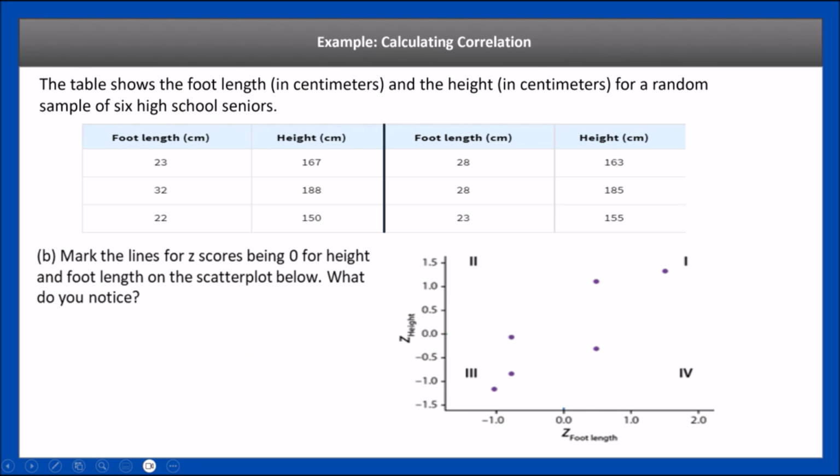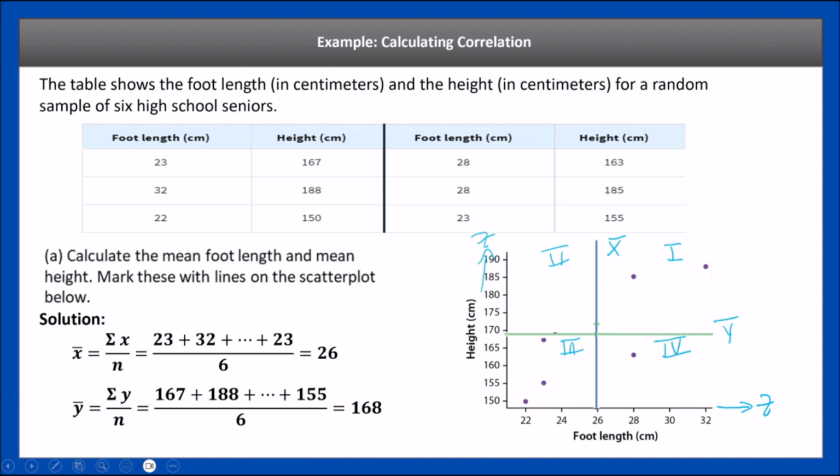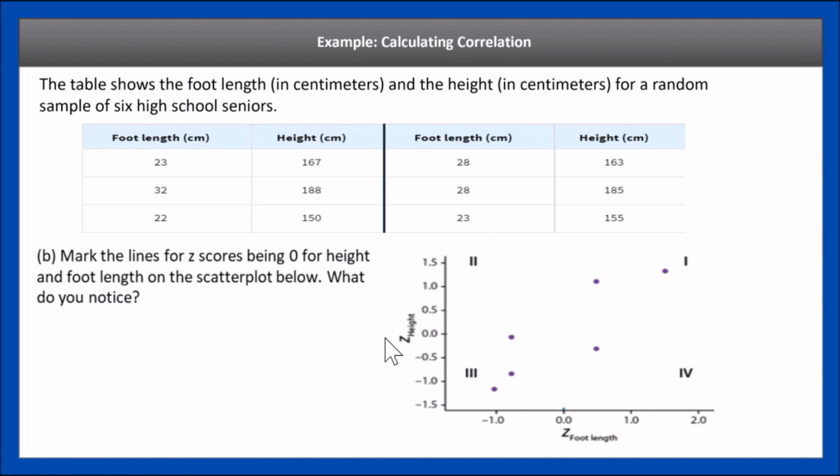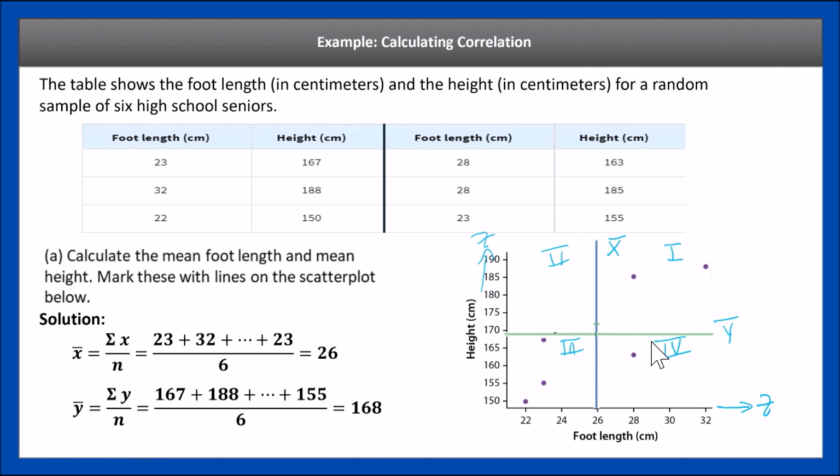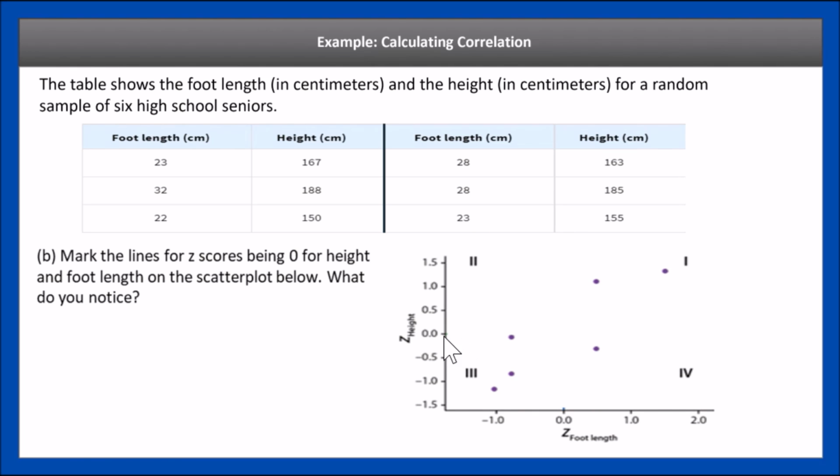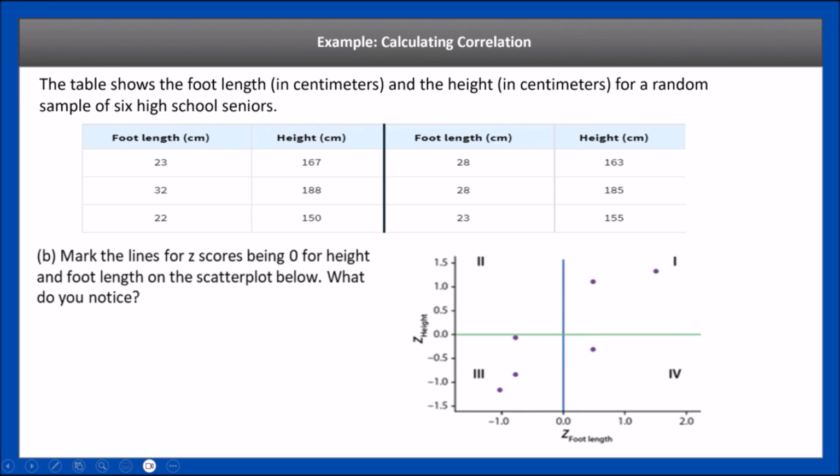So here we go. We converted those to z-scores, the z height and z foot length. In this case, the y bar that we had here of 168 is going to correspond to a z-score of 0. So then we're going to mark those lines right here.